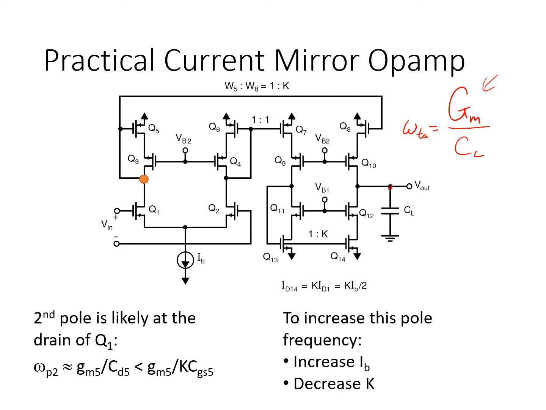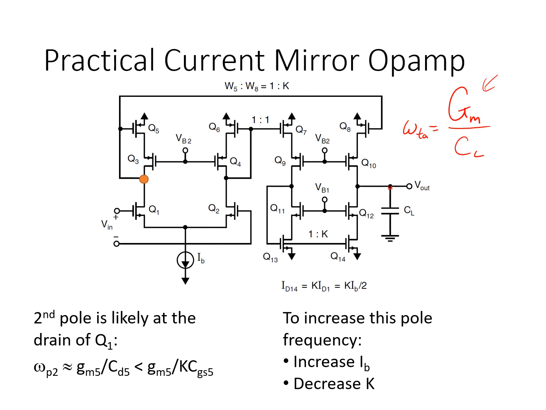Here's a more detailed schematic of a current mirror op amp showing the details of the current mirrors themselves. In this case, they're Cascode current mirrors, which you would expect would be needed in order to achieve a high enough DC gain, given that it's just a single stage op amp.